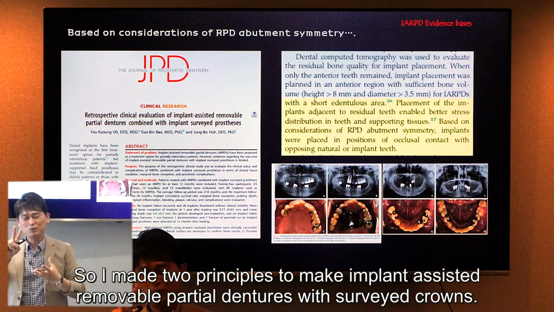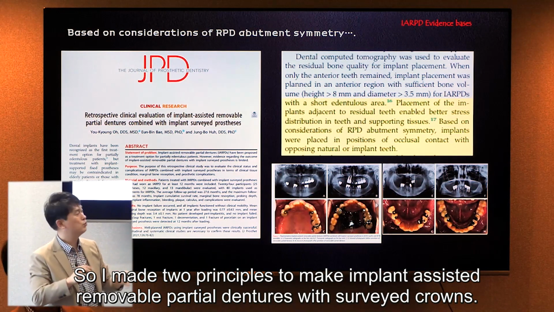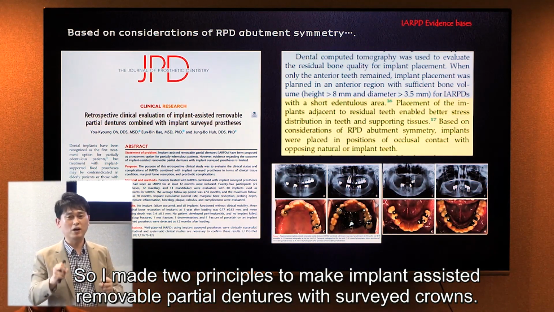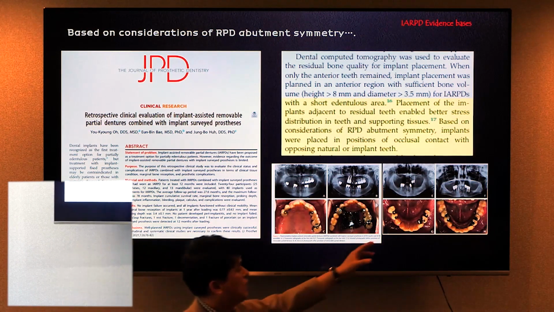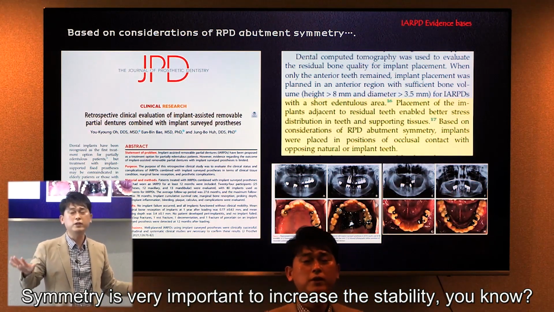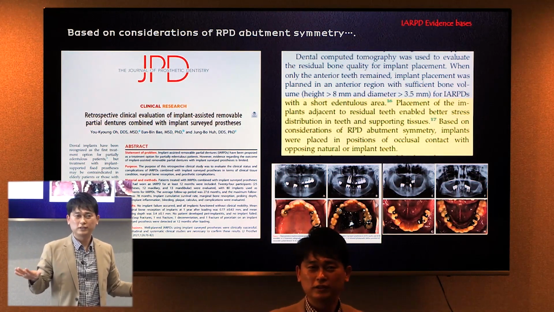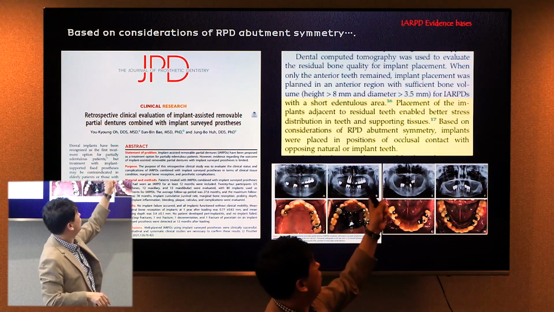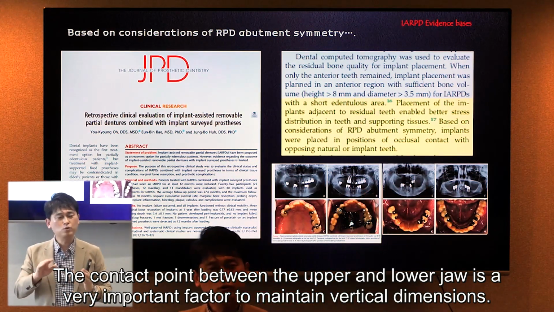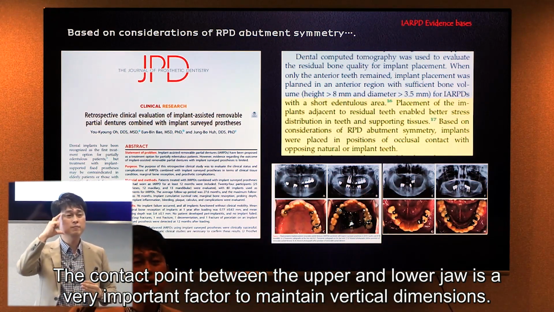So I made 2 principles to make the implant assisted removable partial denture with surveyed crown. Symmetry is very important to increase the stability, and the contact point between the upper and lower jaw is a very important factor to maintain vertical dimension.